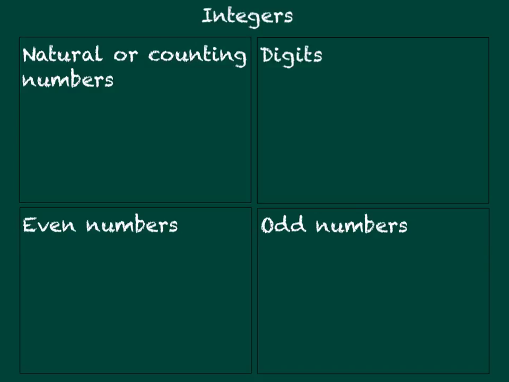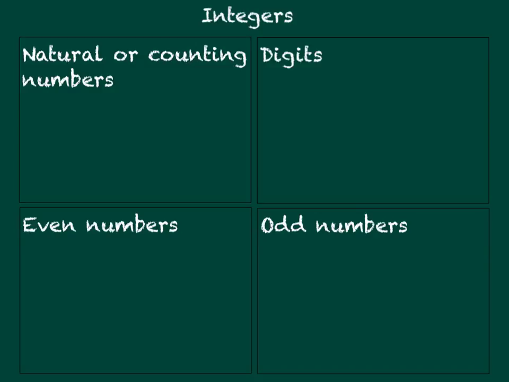All right, now out of those 4 boxes, the only one that we're going to break further down is integers. So once you're non-integer, radical, or transcendental, you can stop. It doesn't break down any further. But our integers can be categorized as some of these 4, and these aren't mutually exclusive. They can be in more than one of these boxes. Our integers include the natural or counting numbers, which means if you think about the original people that learned how to count, the cavemen out there, they were very primitive and they could count sticks and rocks.